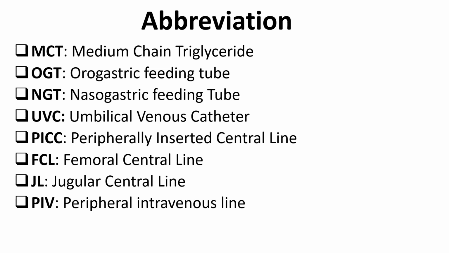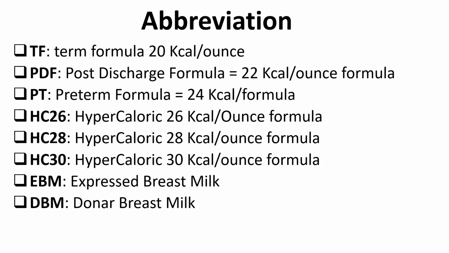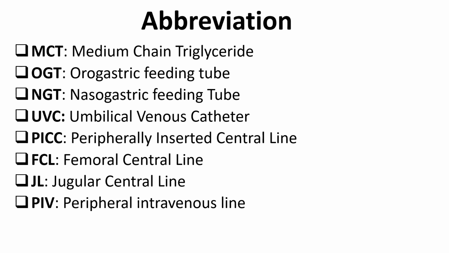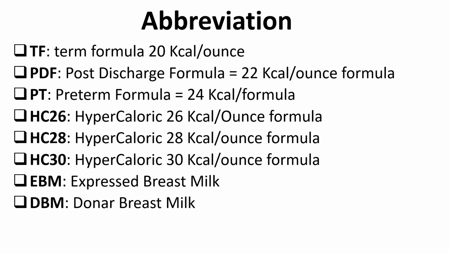We have also the, I think this is more like cardiovascular. Anyhow, we have the femoral central line, we have the jugular central line, and we have the PIV, the peripheral intravenous line.